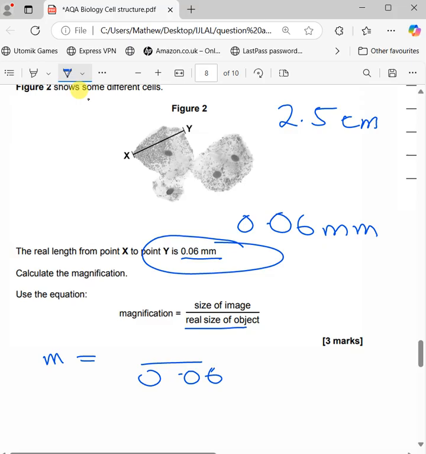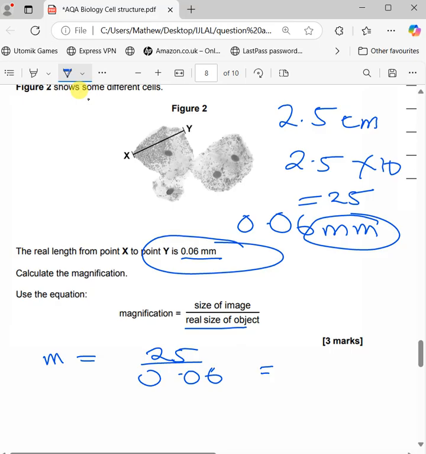You must convert it to millimeters so you have the same unit to divide. To convert to millimeters, you multiply by 10. That will give you 25. So this will be 25 divided by 0.06. Whatever you get is the answer. Please be careful. I thought they had already measured this and given us the value, but actually they gave the real length. So this is now the image length. You have to get that yourself with your ruler. So that's it.